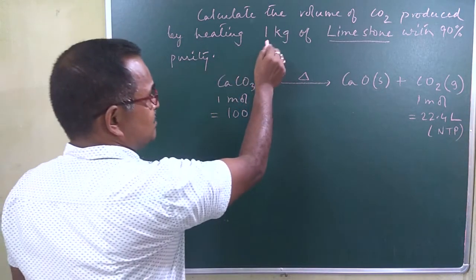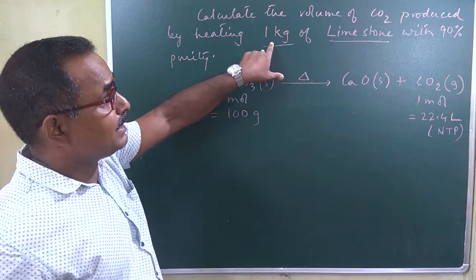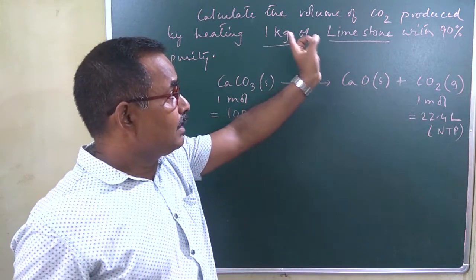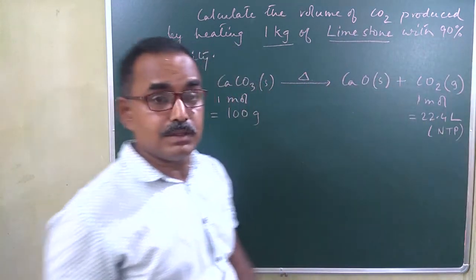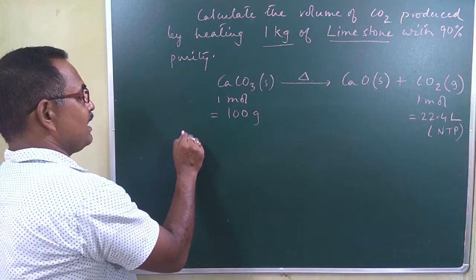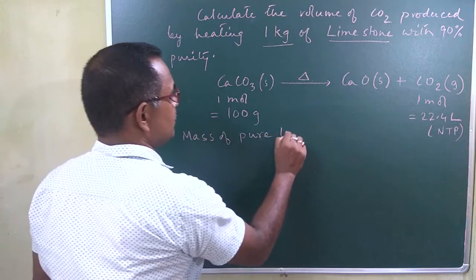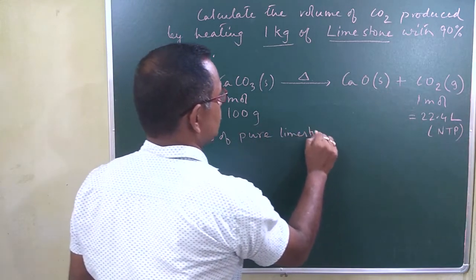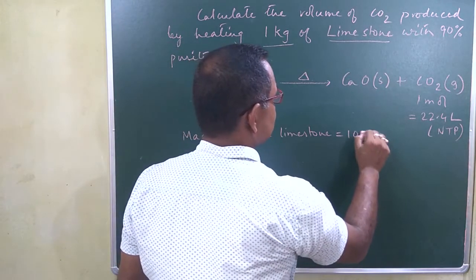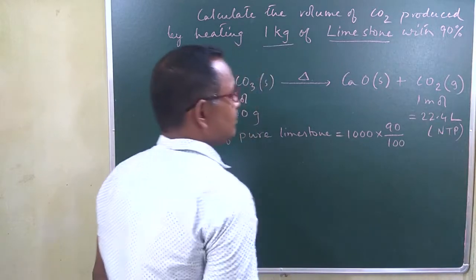Now what is the mass of limestone given? The mass of limestone given is 1 kg, but that mass of limestone is only with 90% purity. So right here, mass of pure limestone equal to 1 kg means 1000 gram multiplied by 90%, that is 90 by 100.